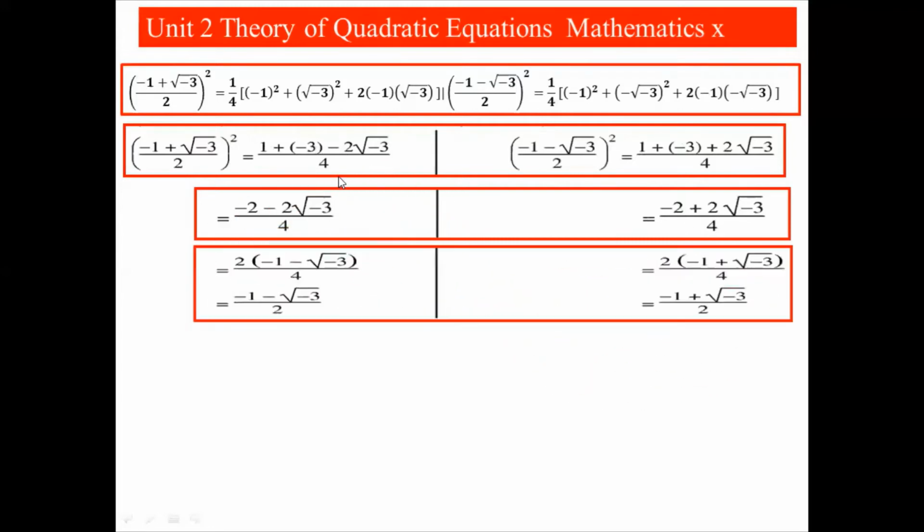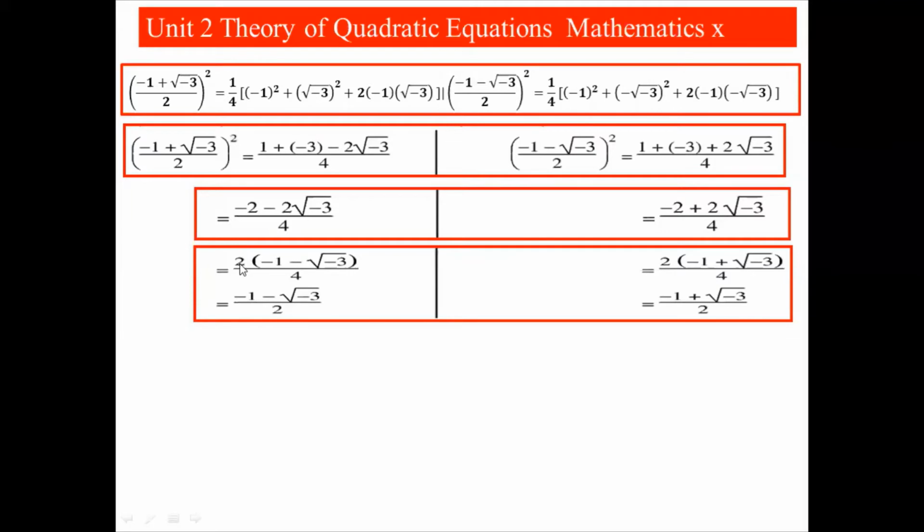Now we can take 2 as common. So when we take 2 as common, we have within bracket -1 minus square root of -3 whole divided by 4. And here again we can take 2 as common, so we have -1 plus square root of -3 whole divided by 4.